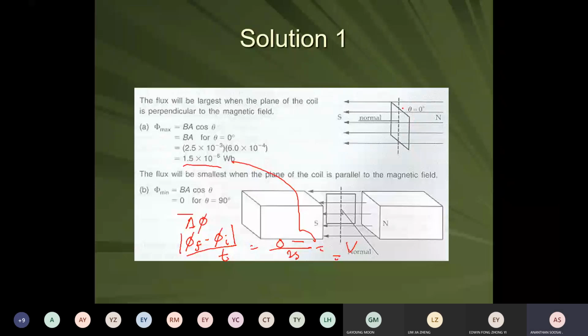The EMF produced in the conductor is directly proportional to the rate of changes of magnetic flux. The EMF is induced in the conductor. If it's a closed loop, the EMF will result in a current flow. Current will start to flow. We get electricity.